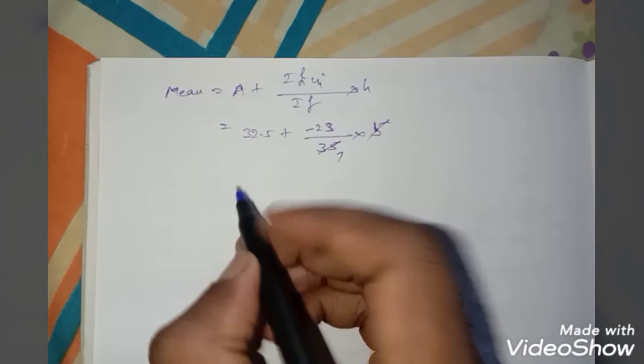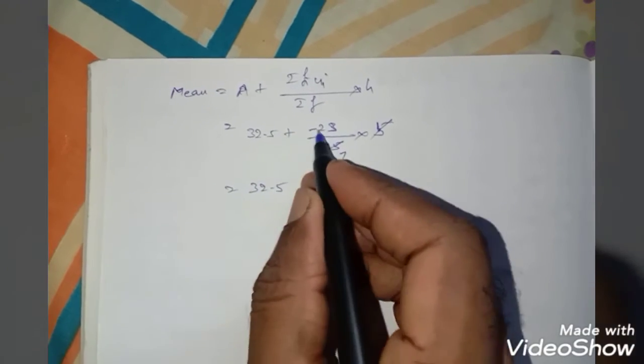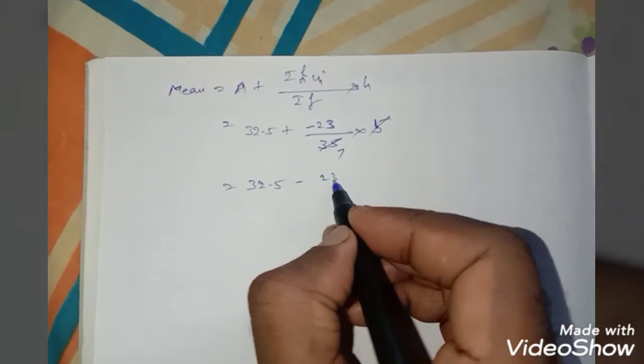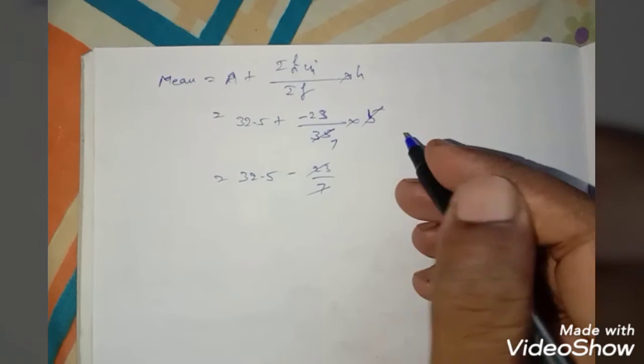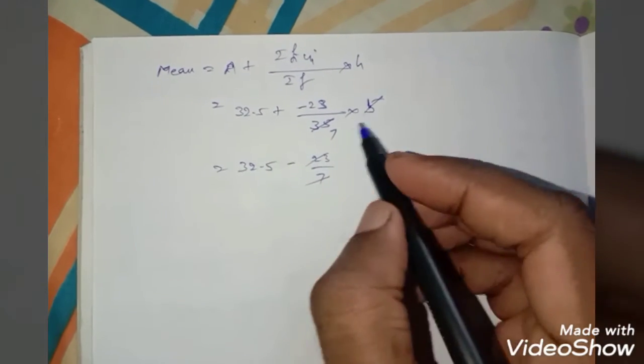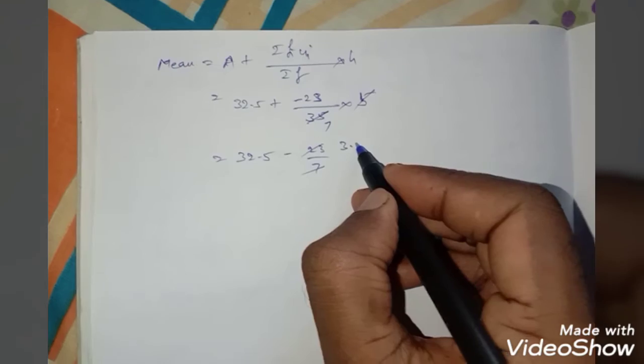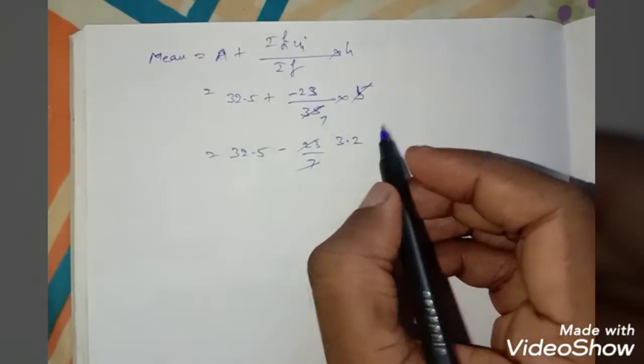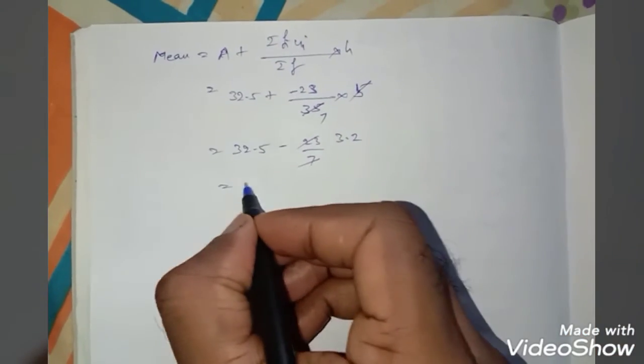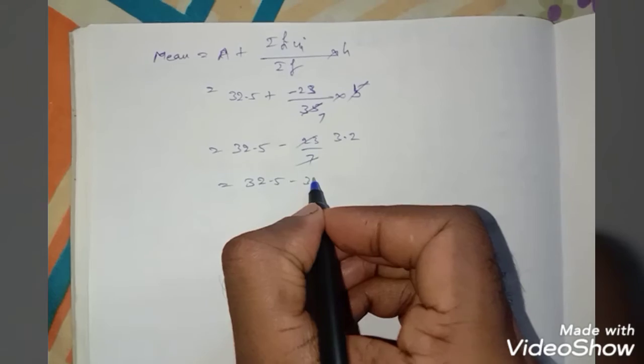Now here 5 7s are 35, so that is 32.5, minus into plus is minus 23 by 7. Now divide this with 7, you will get here 7 3s are 21, 2 balance, 7 2s are 14, and so approximately you will get 3.2, that is 32.5 minus 3.2.